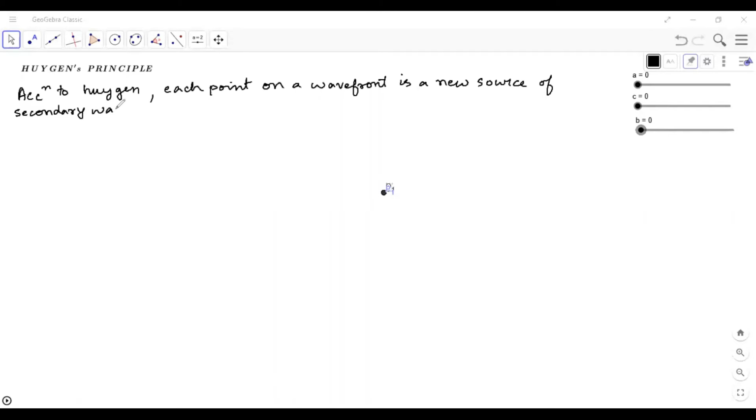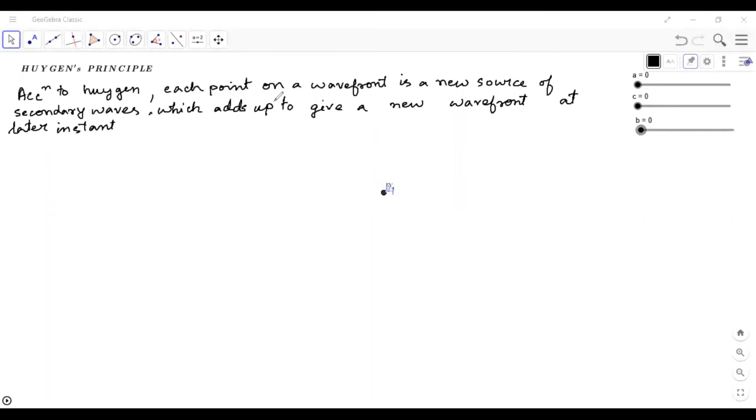That means they will be behaving as a new point source, right? Which adds up to give a new wavefront at a later instant.